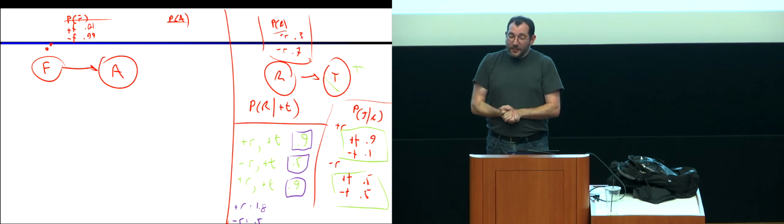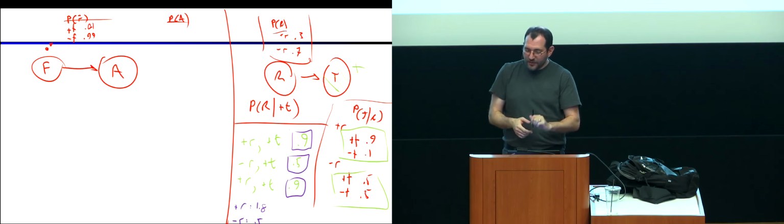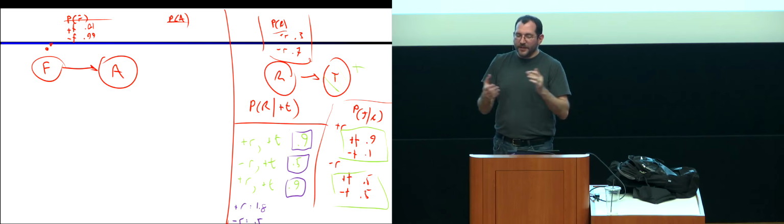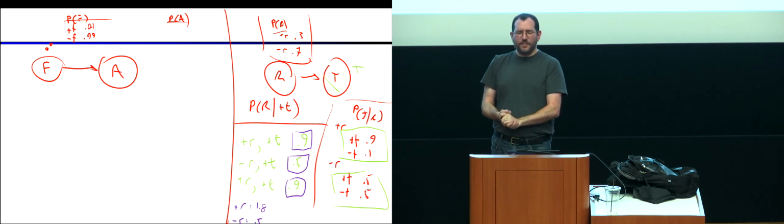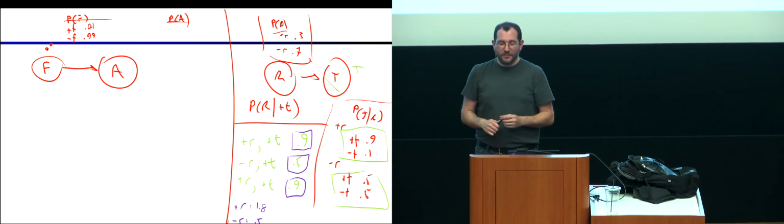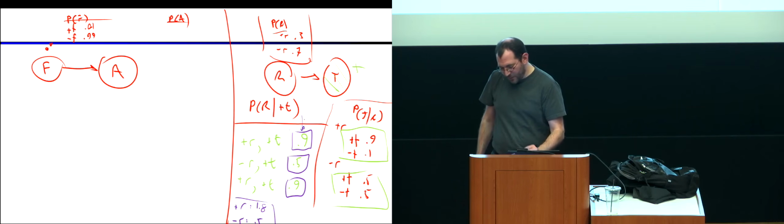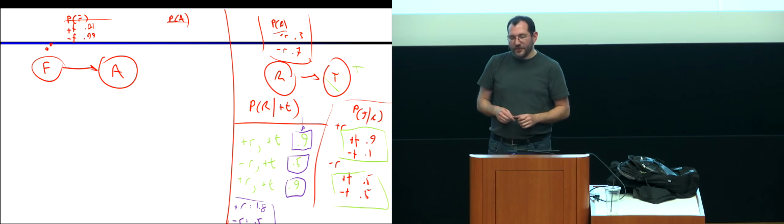So as unweighted samples, 2/3 of them are plus R. But the actual weighted distribution under likelihood weighting is probability of plus R is 1.8 divided by 2.3. Let's call that 0.9. Okay? So you get a different answer because the weights affect how much each sample contributes.